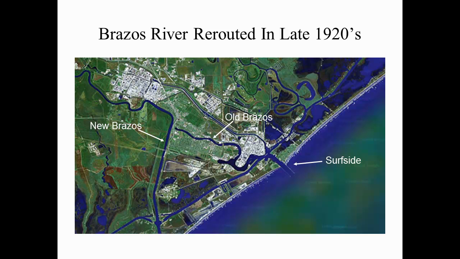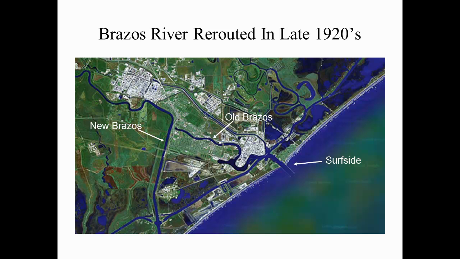But rather than undergoing repeated expensive dredging, they thought that simply by rerouting the river along its new path, sediment wouldn't be brought in along the old Brazos anymore, and this would significantly reduce the expensive dredging.